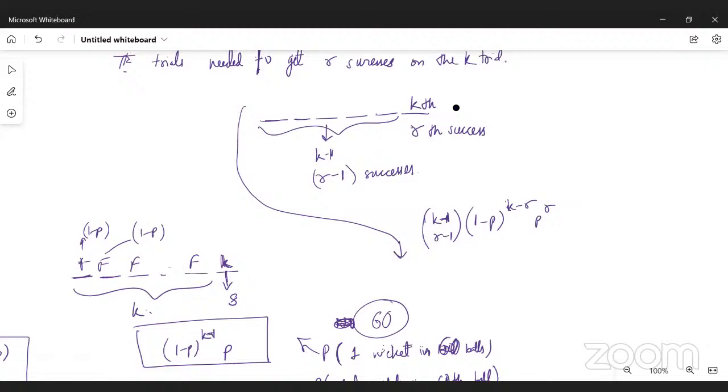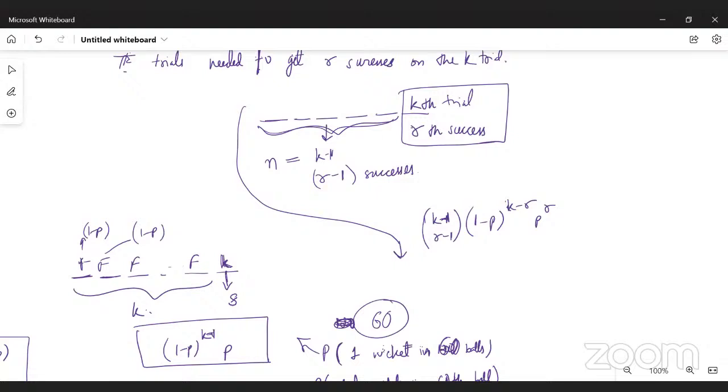So what is happening here is, if the Rth success is happening on the kth trial, then it means on the first k minus 1 trials, you should have R minus 1 successes, right? So on the first k minus 1 trials, it is nothing but a binomial distribution, where your number of trials is equal to k minus 1 and you are interested in R minus 1 successes.